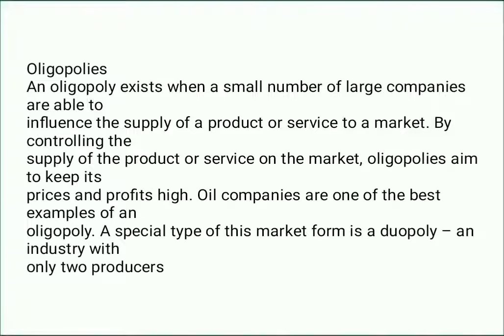Oil companies are one of the best examples of an oligopoly. A special type of this market form is a duopoly. An industry with only two producers is a duopoly.